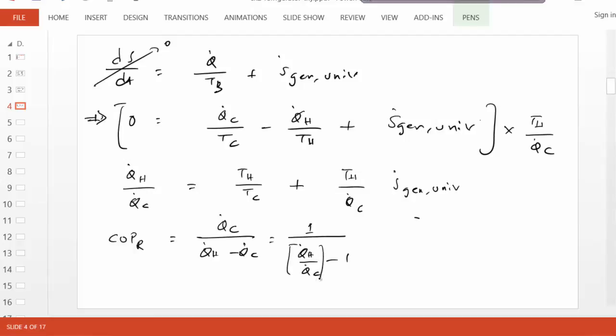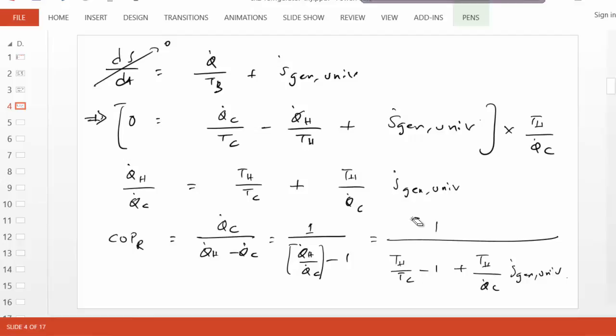Now, this term, if we substitute what we just derived, we end up with 1 divided by this big expression, Th over Tc minus 1 plus Th over Q dot C times S dot gen universe. So look at this expression.